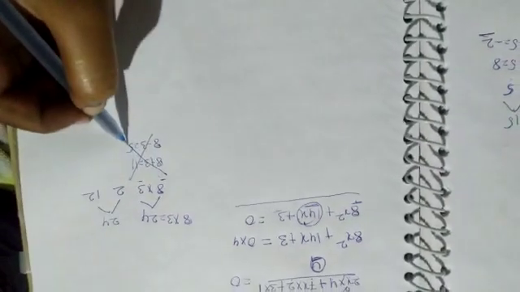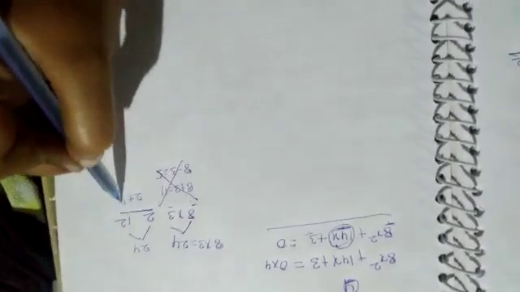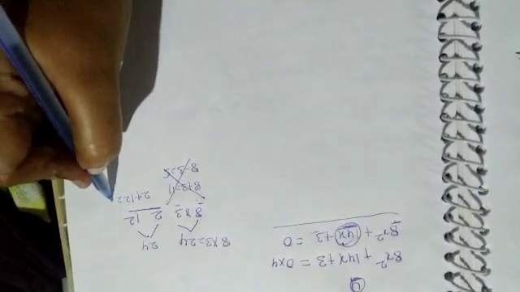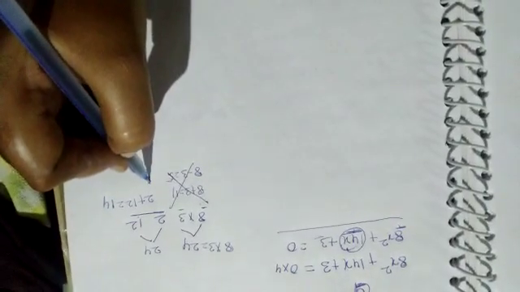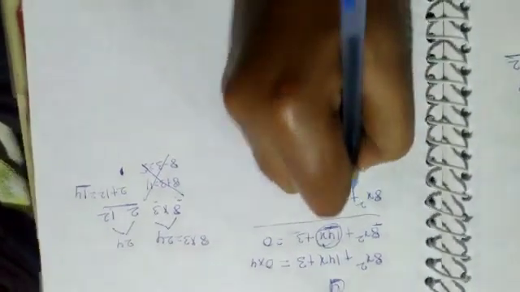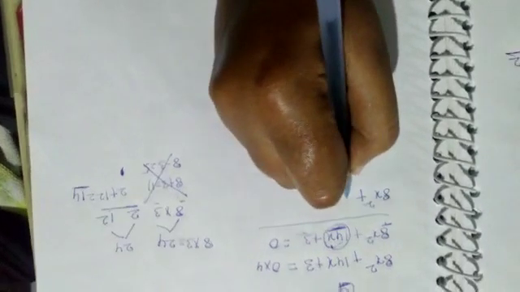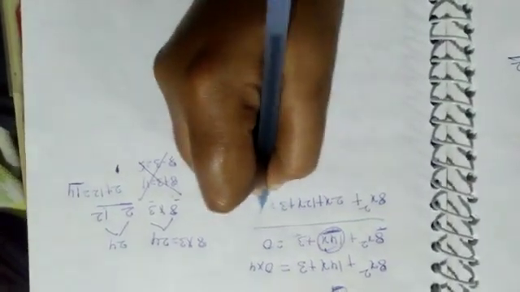Here we do not get 14x. Next, 2 plus 12 equal to 14. Okay, we get 14. 8x square plus 14x, write as 8x square plus 2x plus 12x plus 3 equal to 0.